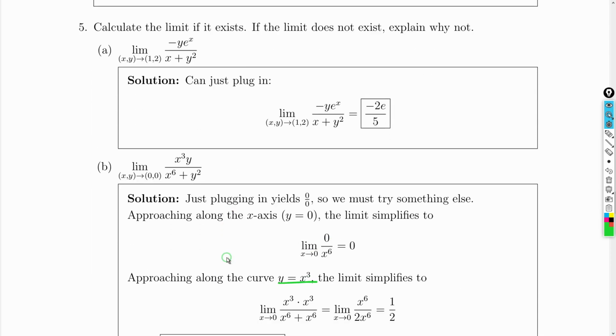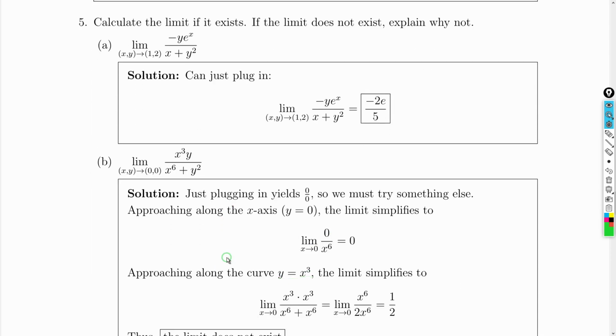Let's see, 5. Oh yeah, this one asks you to compute two limits that are multivariable limits. The first one is straightforward. You can just plug in and you see that there aren't any problems that arise. You actually get a number out of it. That's always the first test that you should do with limits, is you just try plugging things in.